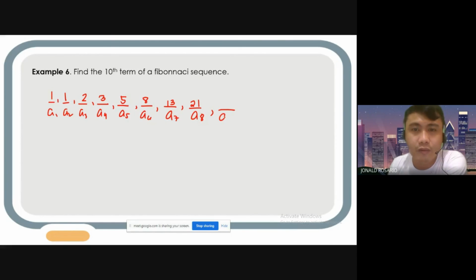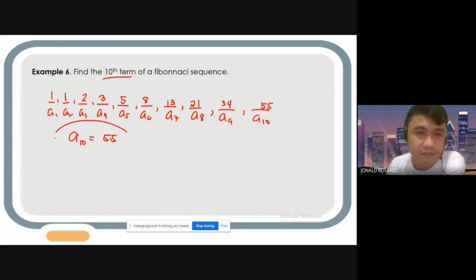How about our a sub 9? Hanggang sa a sub 10 tayo kasi we're looking for the 10th term. 13 plus 21, that is 34. 21 plus 34, that is 55. Okay, so our a sub 10 is 55.